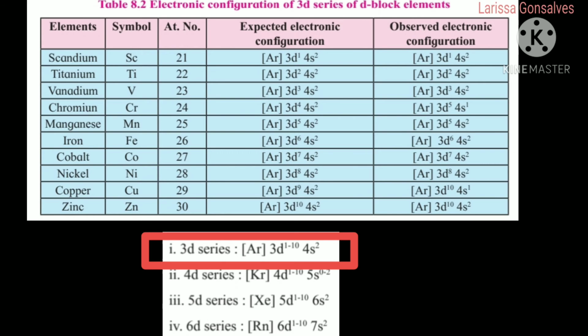This means if you look at scandium, we have 1 electron in the d subshell, whereas if you look at zinc, we have 10. So the elements belonging to this series have electrons in the range of 1 to 10 in the d subshell, whereas the s subshell is completely filled with 2 electrons in the expected electronic configuration.